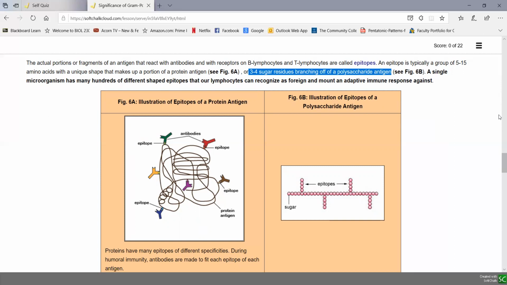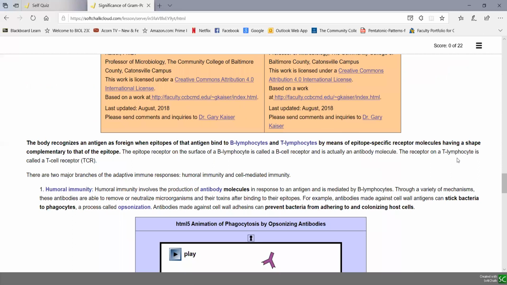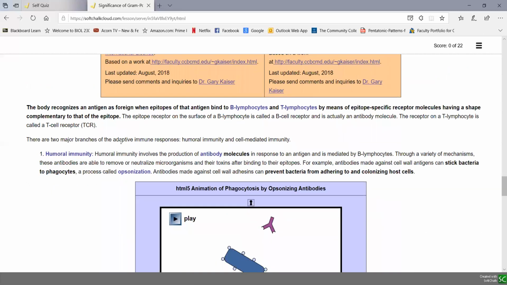But we want to start thinking now of how do we recognize components of microbes as foreign and remove those microbes. And one of the ways is by making antibodies that fit different shapes on that unique molecule, shapes that our cells wouldn't have. Now there's two branches to adaptive immunity, humoral immunity and cell-mediated immunity.